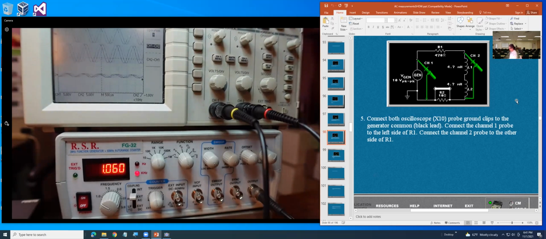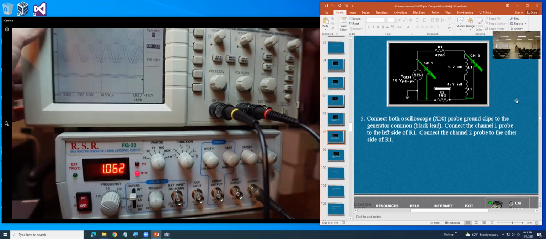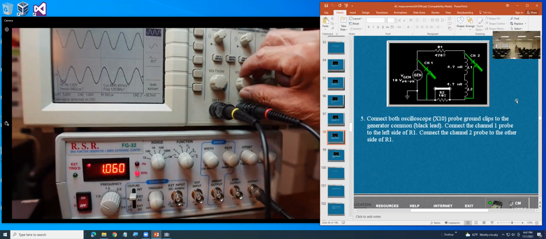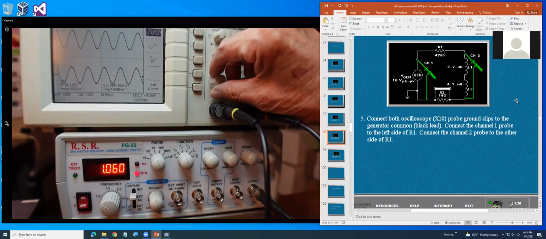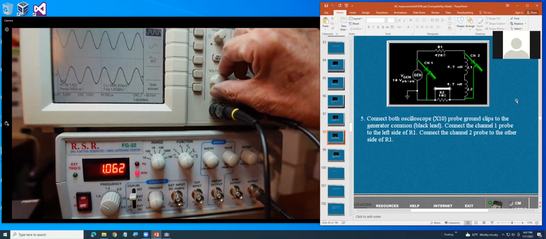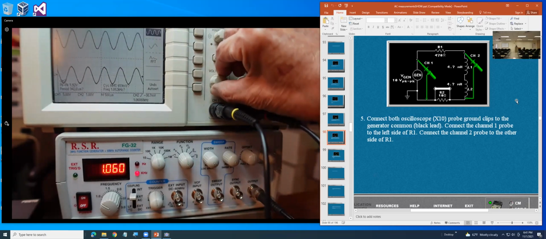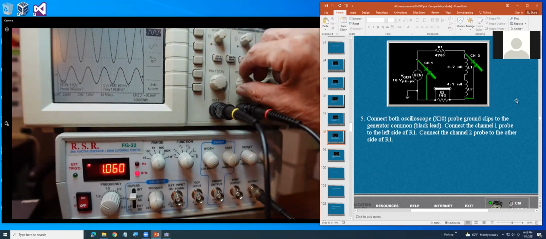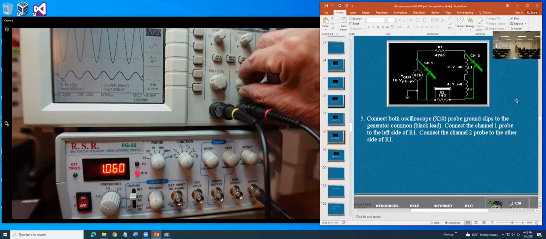Okay, so let me try again. Okay, so I set, let's see. Why don't you, Mr. Pham, try to make channel 1 a little bit smaller and make channel 2 close to it? That's what I'm thinking. 2 volt, channel 1. And channel 2, 2 volt too.